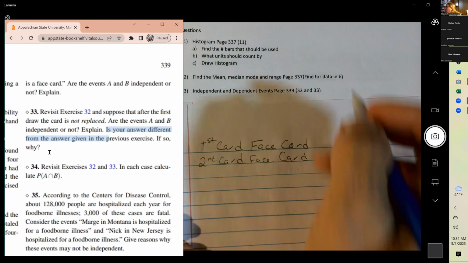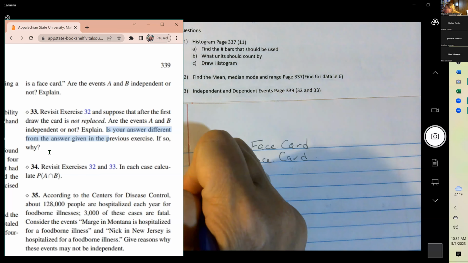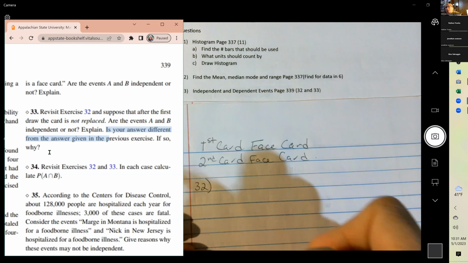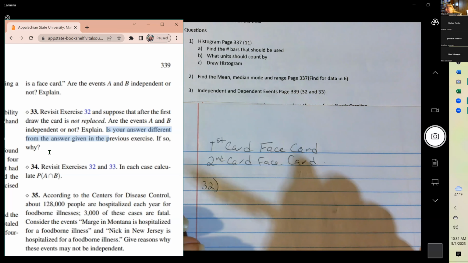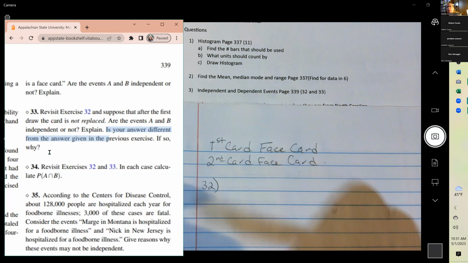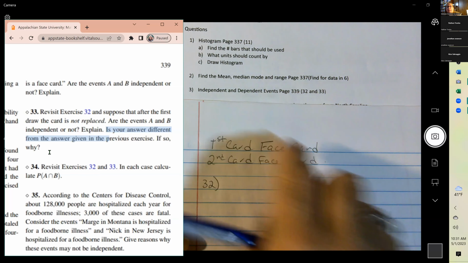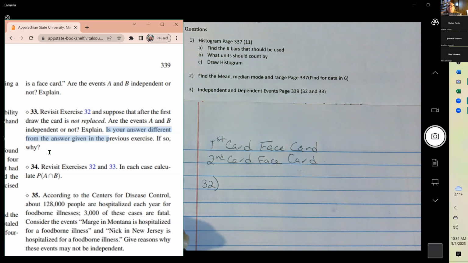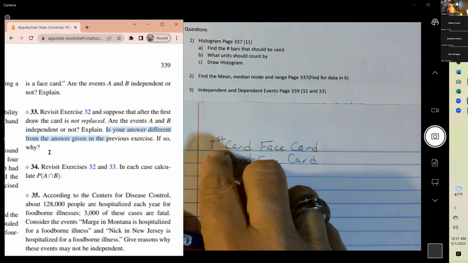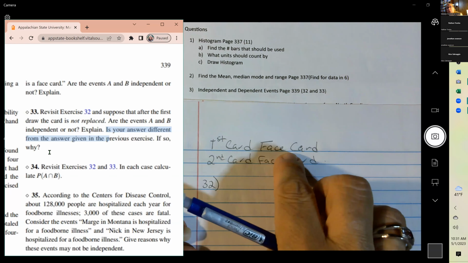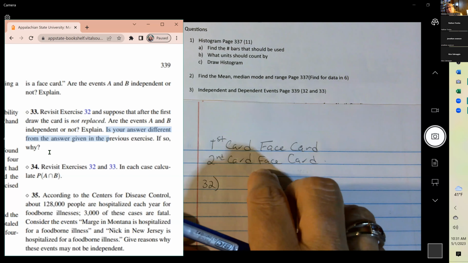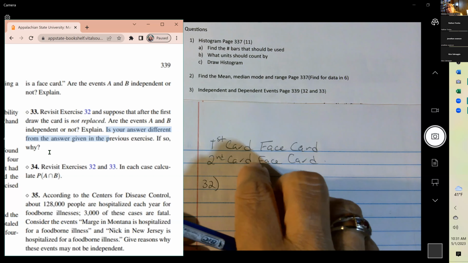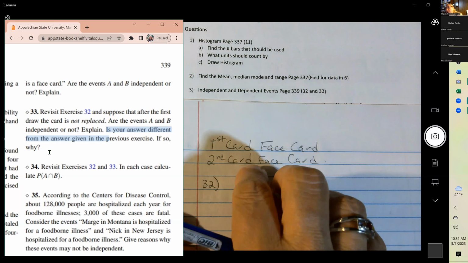So for number 32, we're pulling a card, we're putting it back in, shuffling it, and pulling another card. We want to know if that's independent or dependent. What you want to think about is, I have certain probabilities when I pull this card. When I pull this one, is what happened here changing my probabilities?